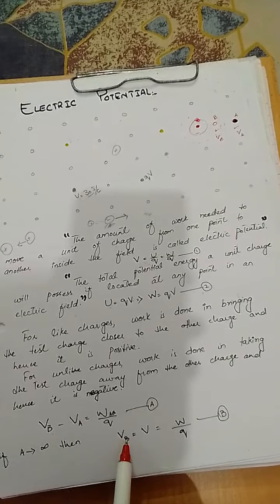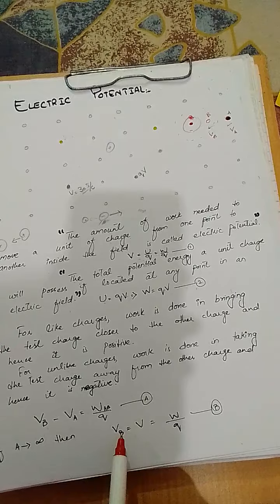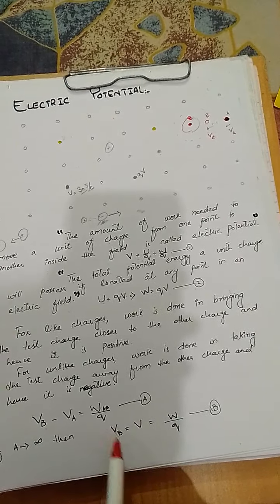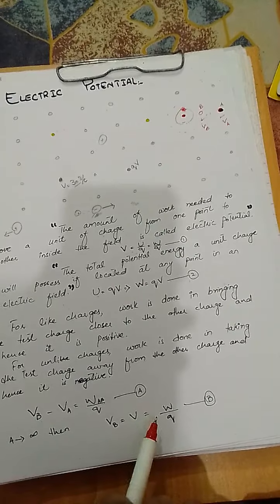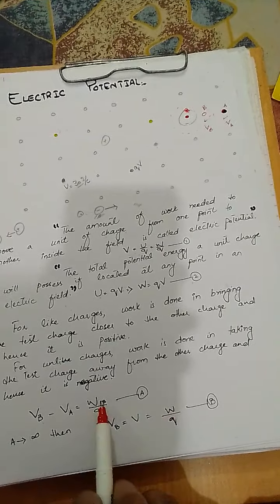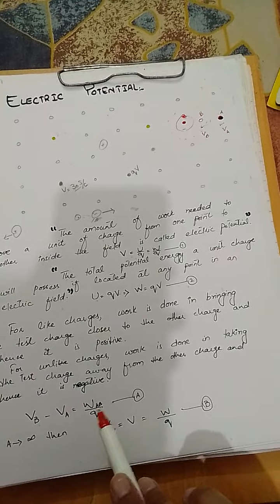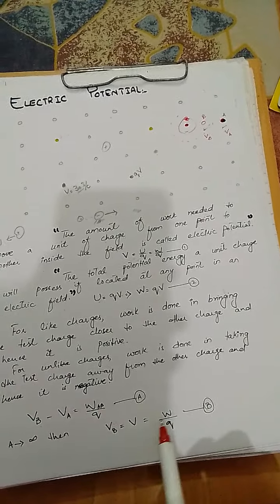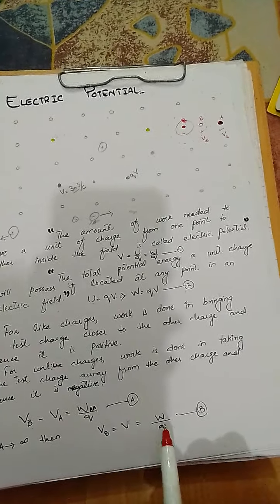So we are left with VB, which is equal to V. The only potential we have left is VB. So we're gonna generally write W instead of WAB, because point A is at infinity and we don't have to write WB explicitly. So we're gonna write W divided by the amount of charge.